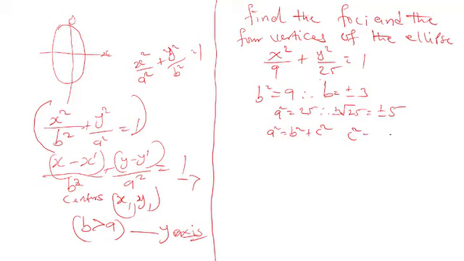So c squared is 5 squared minus 3 squared, which is 25 minus 9, that is 16, so the value of c becomes the square root of 16, which is plus or minus 4.